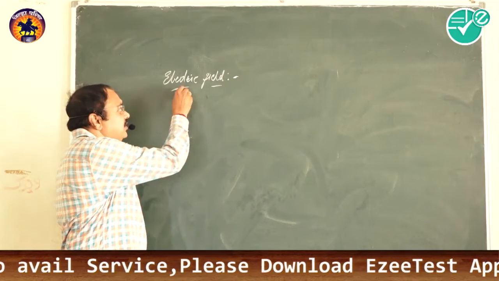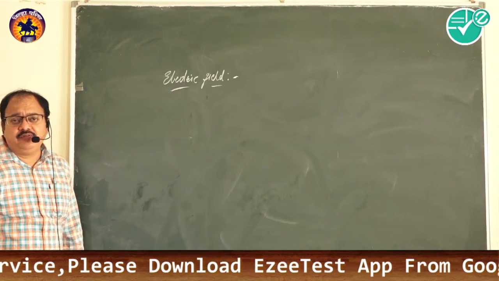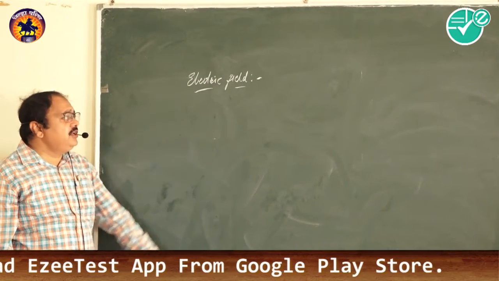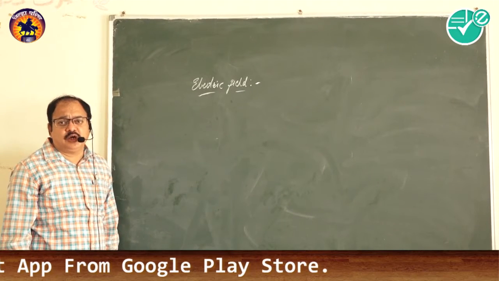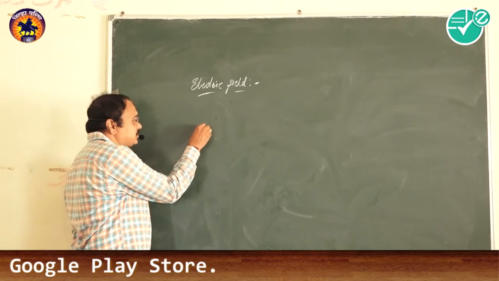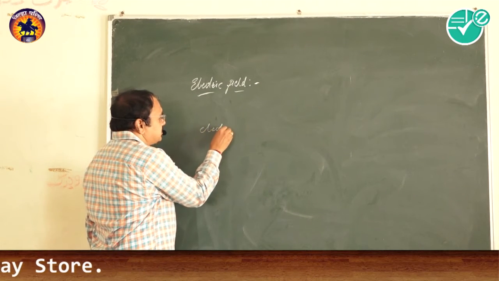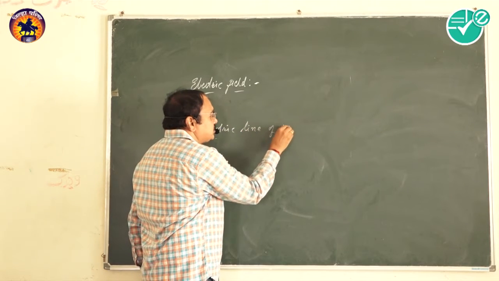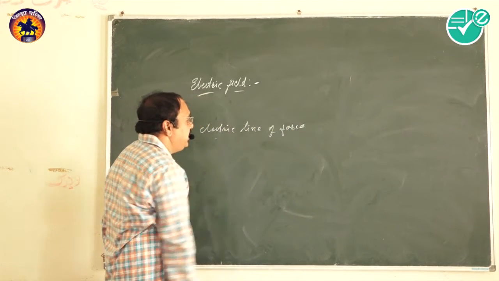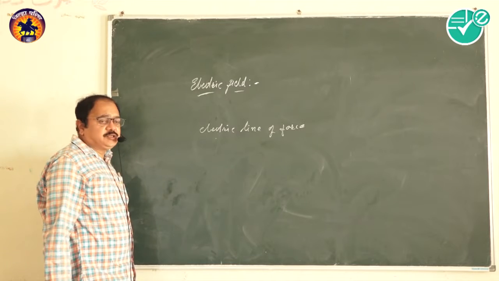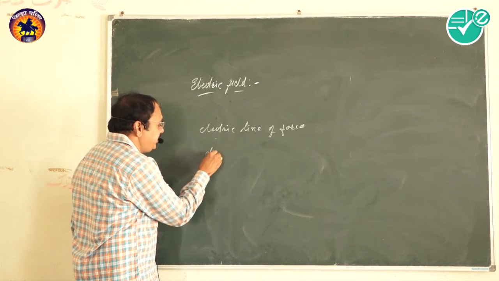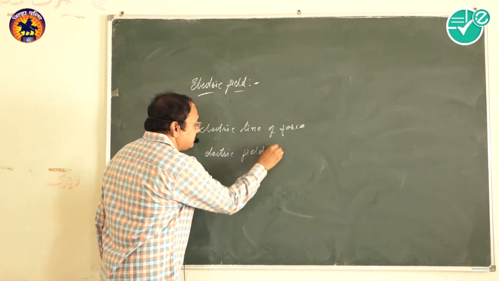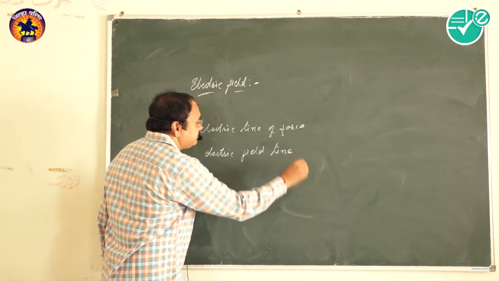Electric field is a vector quantity, and that electric field is expressed in terms of electric lines of force. These are said to be electric lines of force, or electric field lines.